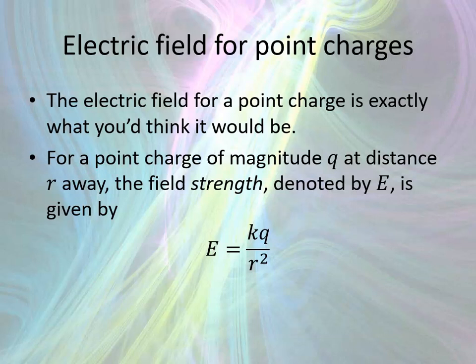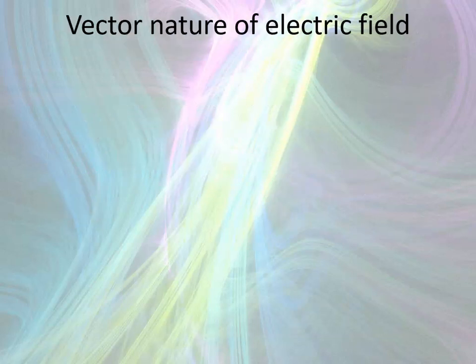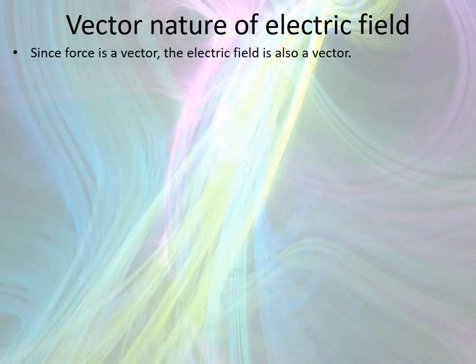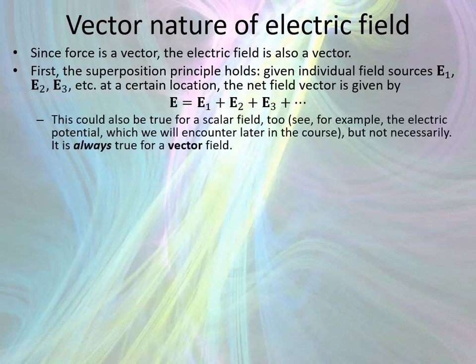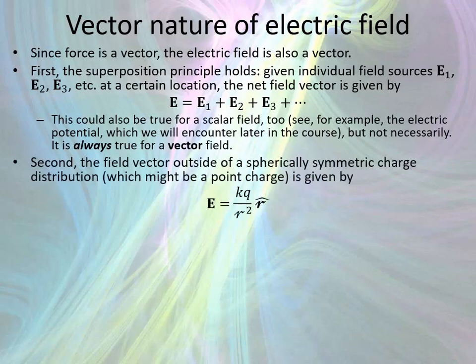That's the electric field strength of a point charge. Now again, electric force is a vector, so electric field is a vector. So the superposition principle applies here as well, which is very good because this will allow us to use calculus in the rest of this unit when we are dealing with continuous charge distributions.